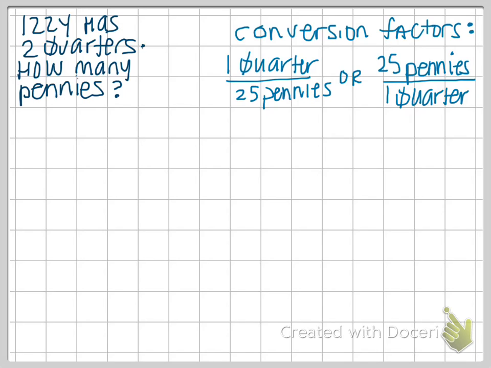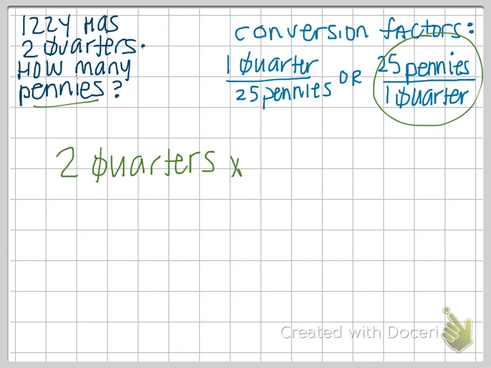So in order to solve this particular problem, I'm going to take the value that I have, which is 2 quarters, and then I need to pick one of my conversion factors to try and convert to the next unit, which of course is pennies, because that's what we're trying to get to. So I'm going to choose the conversion factor on the right. And after I write the conversion factor there, you're probably going to see why I chose that conversion factor and not the other conversion factor.